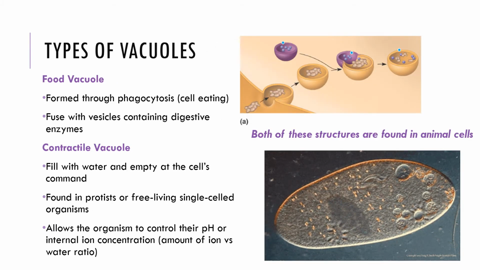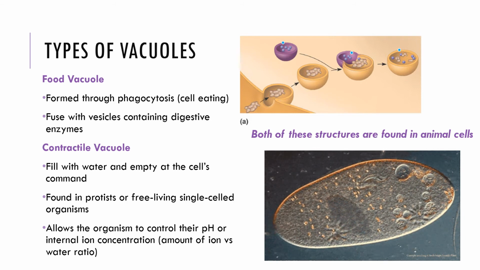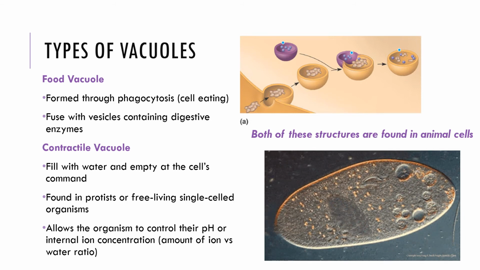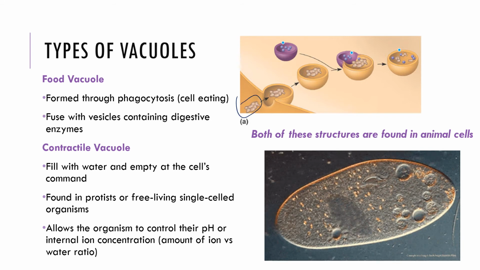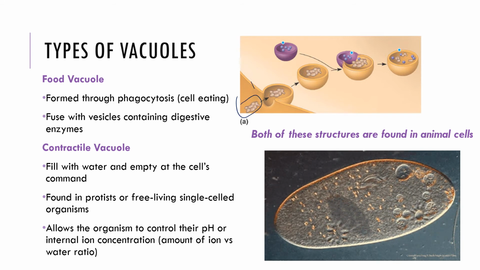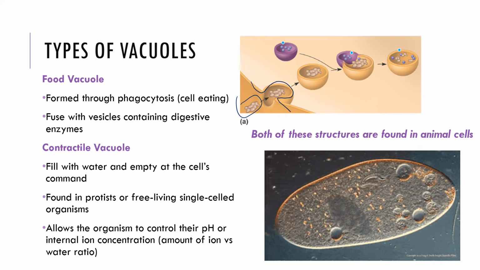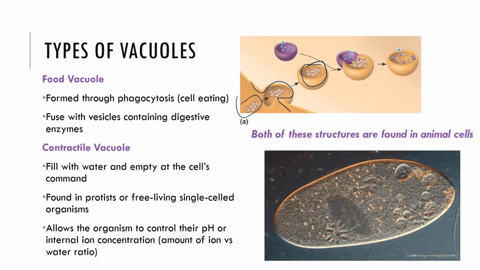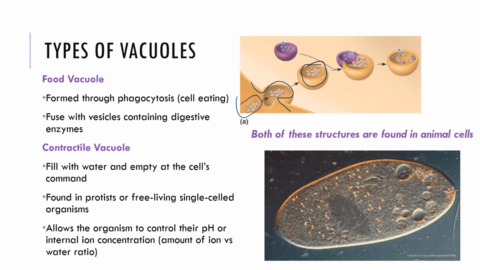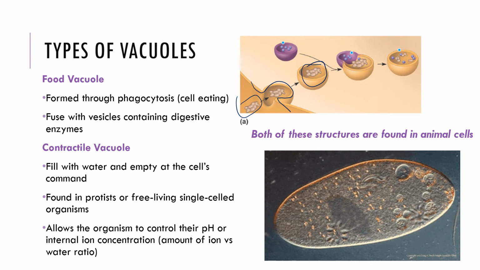There are also food vacuoles within animal cells. A food item will want to be taken up by the cell. The outer membrane will pinch in to form a vacuole filled with food from the outside. Normally we call this phagocytosis, cell eating.